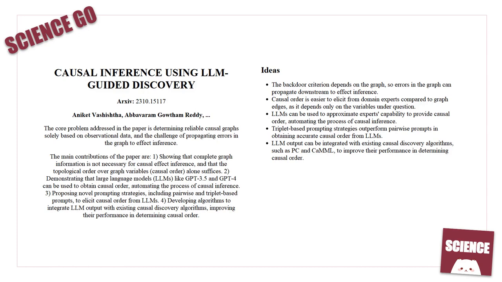The paper shows that we don't need to know everything about the connections between things, but just the order in which they happen. The paper also introduces new ways to ask the computer program for this information and how to combine it with other methods to get better results. And this is important because it helps us understand how things work and make better decisions.